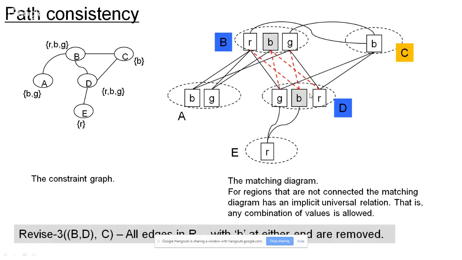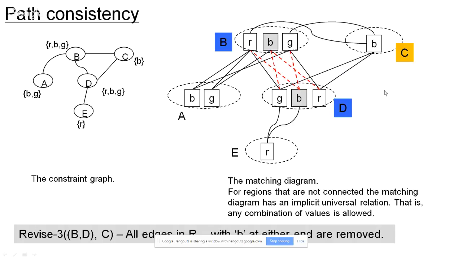And why will they end up being removed? Because if you choose blue for the variable B, then you cannot choose a value for C. So if you choose blue for B and green for D, or if you choose blue for B and red for D, it doesn't matter. You will not be able to choose a value for variable C.